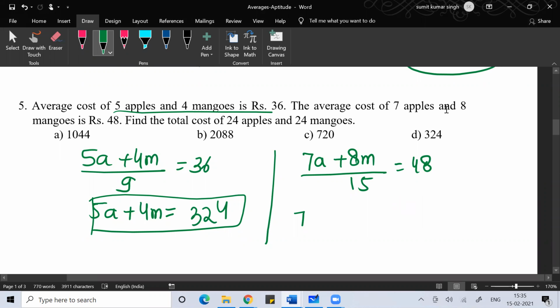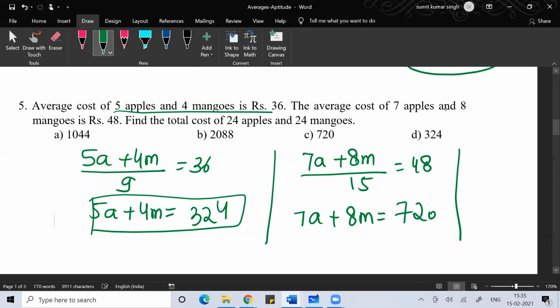Sometimes this will happen. I hope you can see my screen and I hope I'm audible for you. So you can write 7a plus 8m is equal to 15 into 48. If you do 15 times 48, 15 8s are 120, you'll get the value 720.